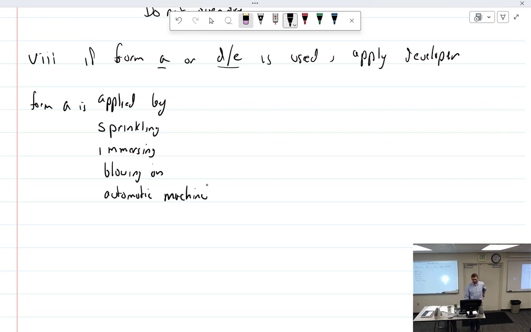Ours is kind of a mixture of the automatic and blowing. It's not automatic, it's manual, but it does blow it on and kind of sprinkles it too. So ours is all three. Developer time is how much? 10 to 120 minutes.